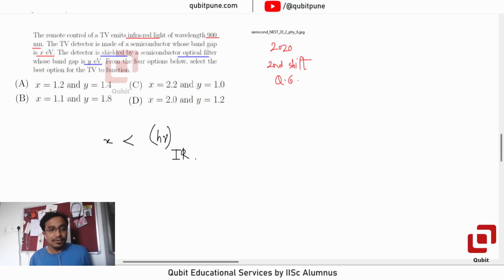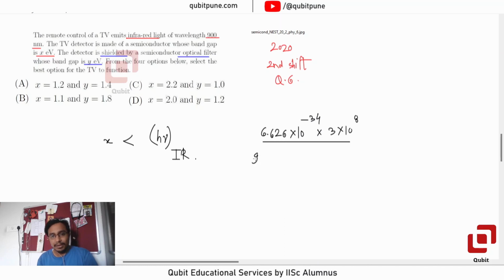Okay, fine. So let's now calculate the energy that the 900 nanometer wavelength light is going to have. 6.626 into 10 raised to negative 34, C is 3 into 10 raised to 8, upon lambda, 900 into 10 raised to negative 9, and of course because it is in electron volts we must divide this by 1.6 into 10 raised to negative 19.